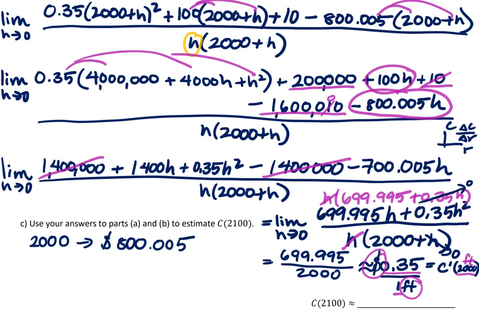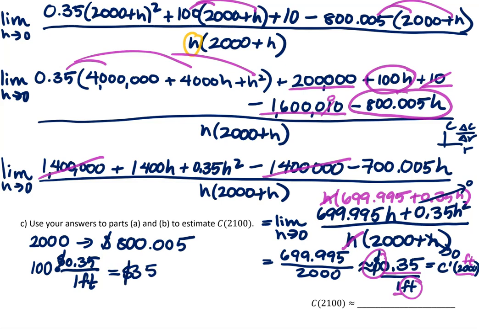What we've just decided is that if we want to produce an additional 100 feet of rope, it's going to cost us 35 cents per foot. Well, I guess it's dollars, not cents, even though I said it that way, which means that the 100 feet, when we multiply, will cost us $35.